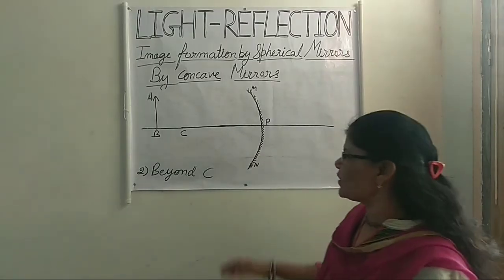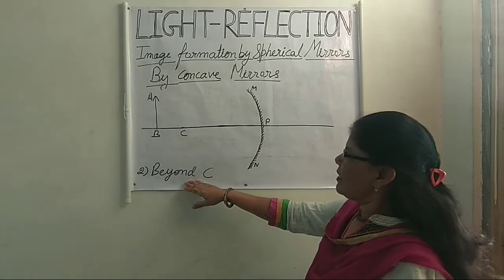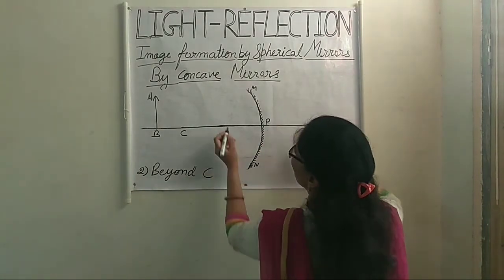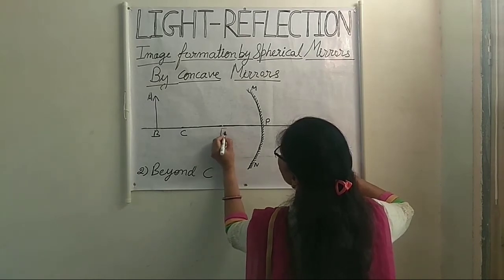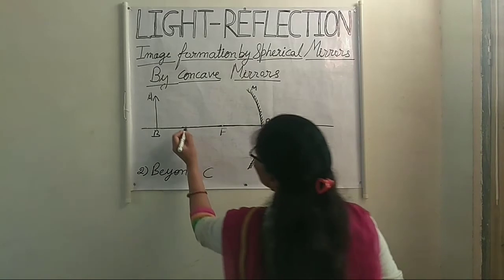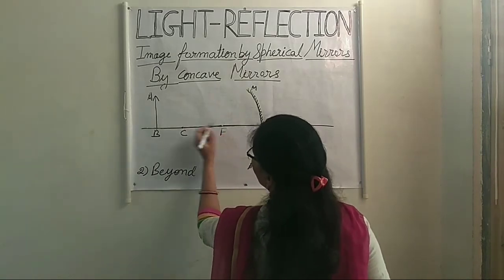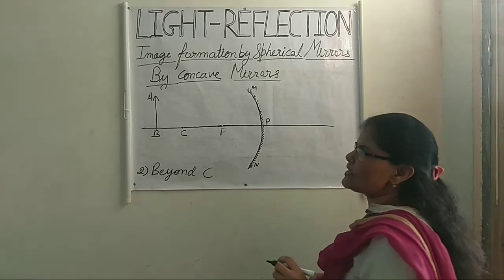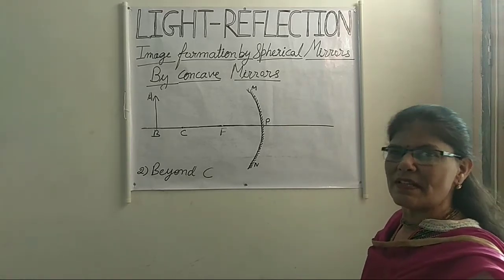Second case, our object is beyond C. This is our pole. This is our principal focus. This is the center of curvature, and our object is beyond C. This is our object. So we are having 4 rules, and out of those 4 rules we can use any 2 at a time.